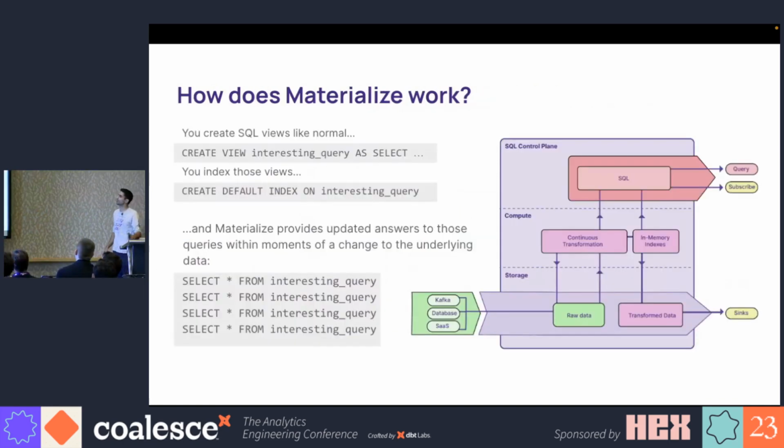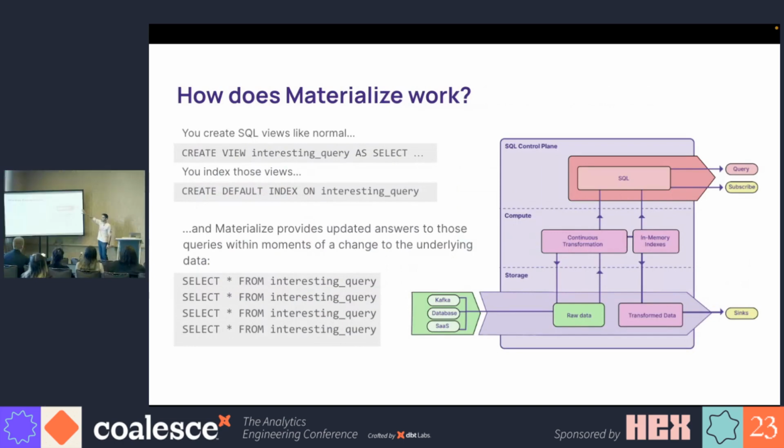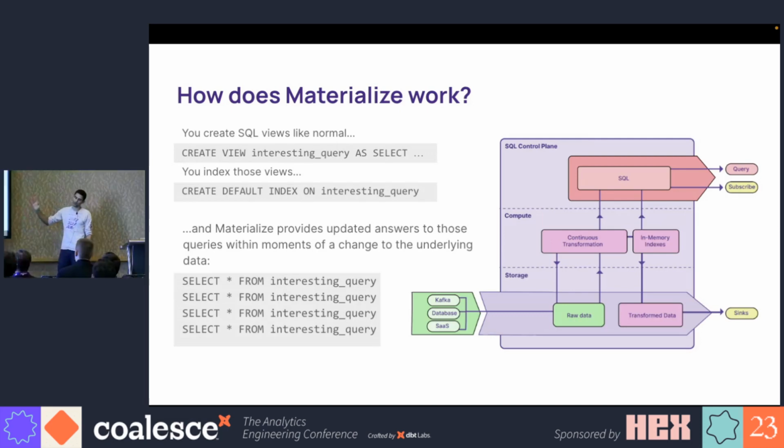So what does it actually look like under the hood? The core concept in Materialize, just like in your traditional data warehouse, is the view. You write your business logic, your interesting SQL queries, as views, and you give them names. And if you're using dbt, interesting query would be a dbt model that's installed by dbt run. Now, in a traditional batch system, every time you select out of that view, every time your analyst is exploring the data, every time your BI tool is visualizing that data, the data warehouse goes and grinds over all the data to come up with the answer.